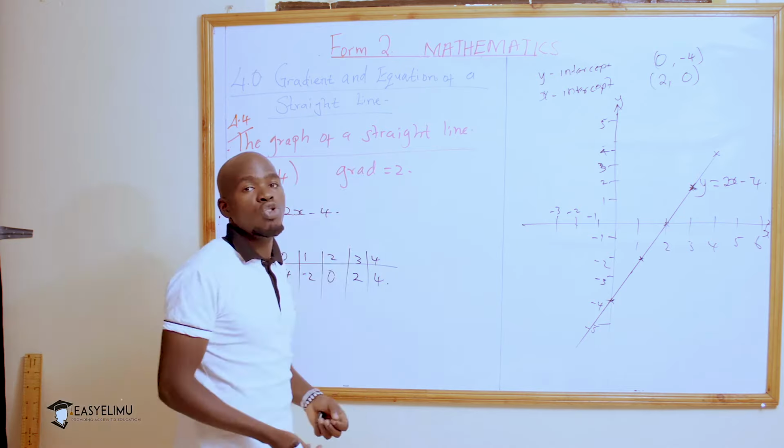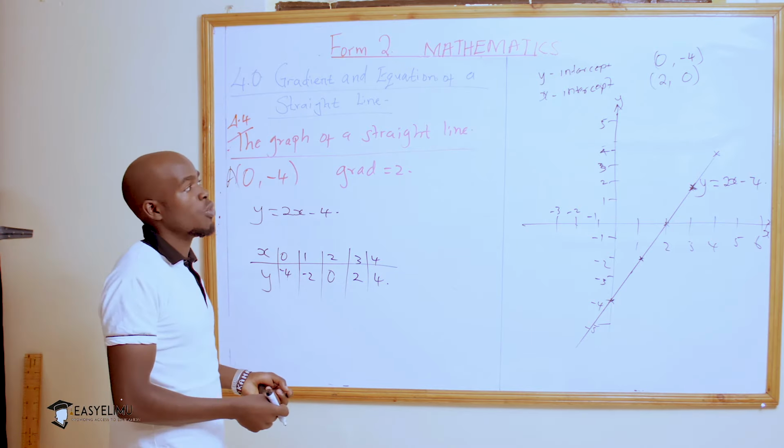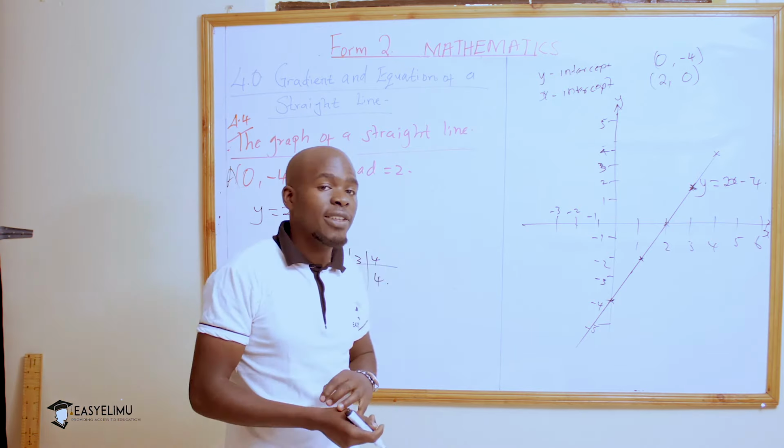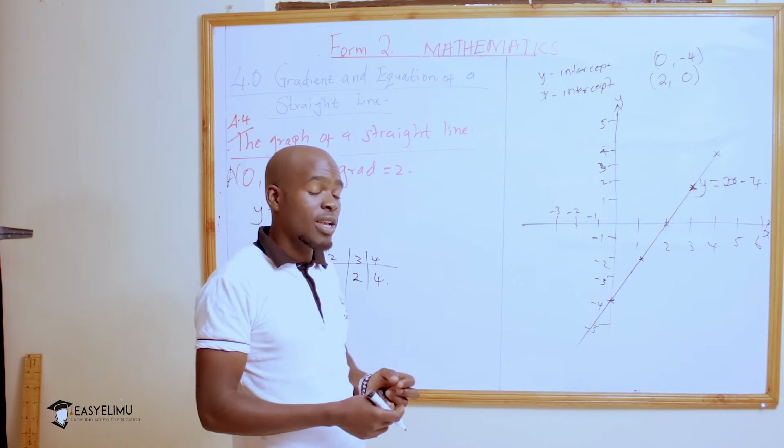So that is how we draw. The best way is just to find the y-intercept and x-intercept, and then you join the two and construct that straight line.